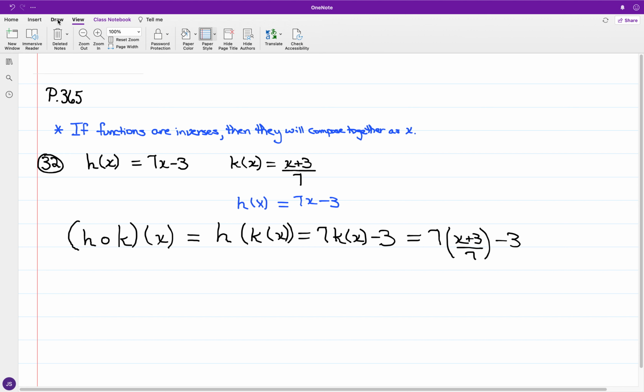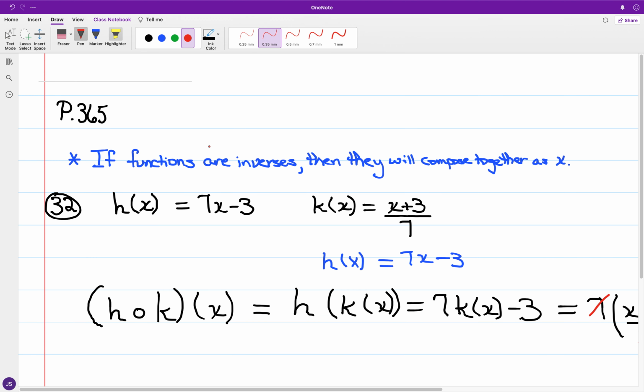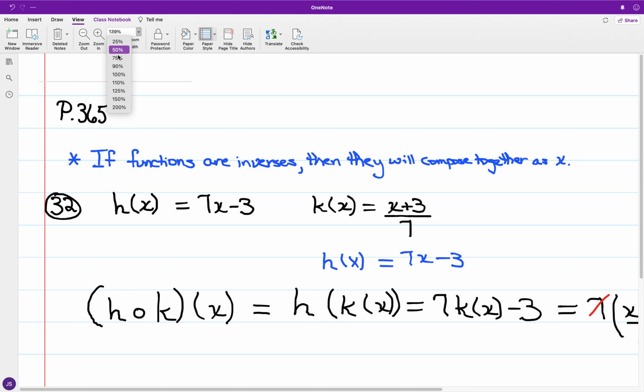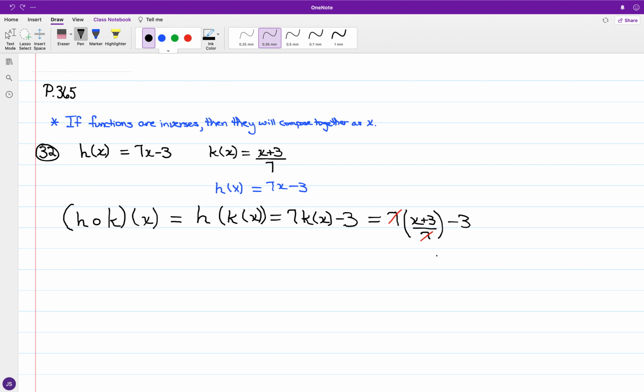The 7s cancel, and so in the follow through we have x plus 3 minus 3. The 3 and negative 3 cancel out, so this leads us to x. So far so good.